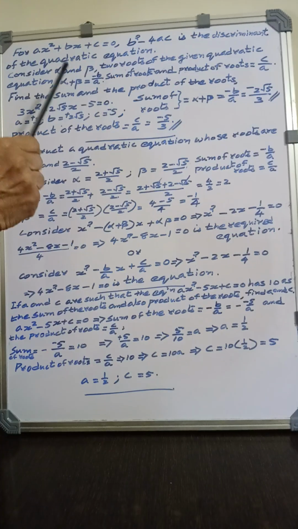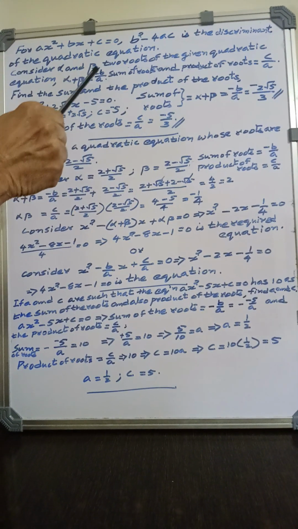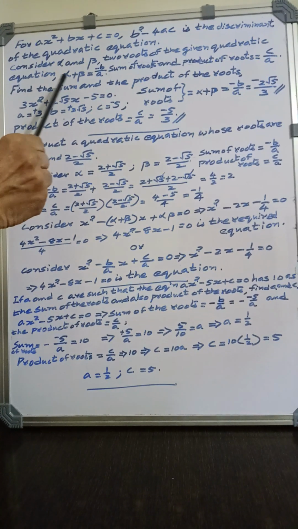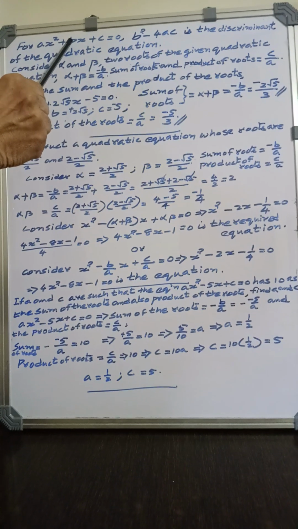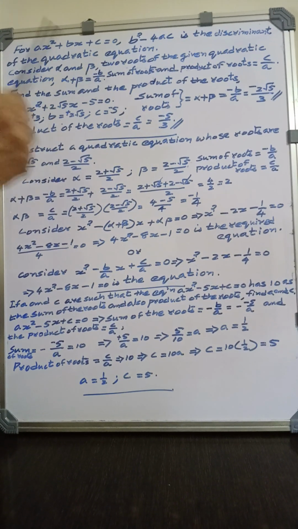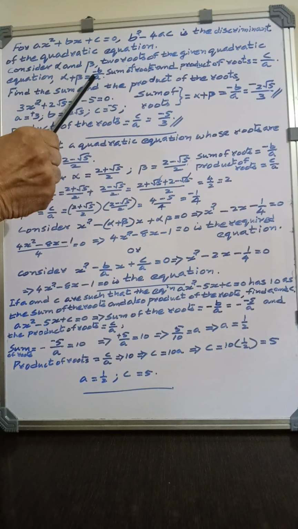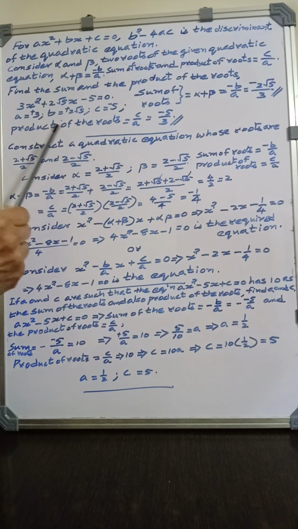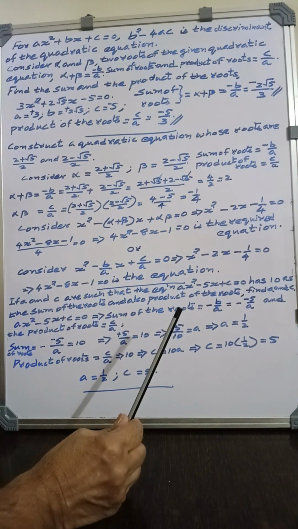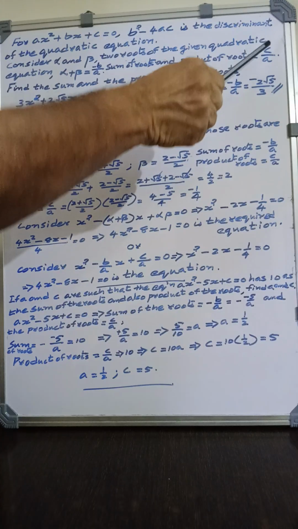Then alpha + beta, the sum of the roots, equals −b/a. We can easily find this by taking the coefficient of the second term, b, with a minus sign, and the coefficient of the first term, a. −b/a defines alpha + beta, the sum of the roots. And the product of the roots equals c/a.